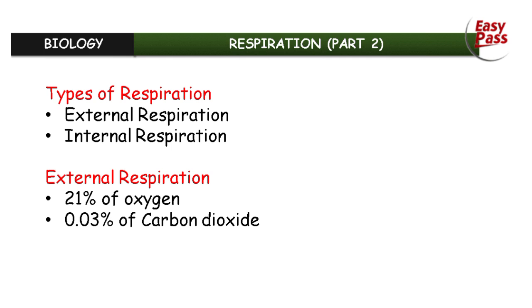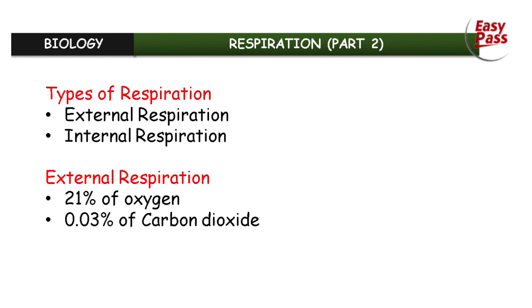The one we breathe out must have more than this, which is going to be around 0.05% of carbon dioxide. So we breathe in air and we breathe out air, but the composition of the air varies. The air we breathe in has more oxygen than the air we breathe out. The air we breathe in has lower CO2, carbon dioxide, than the one we breathe out. It's as simple as that.